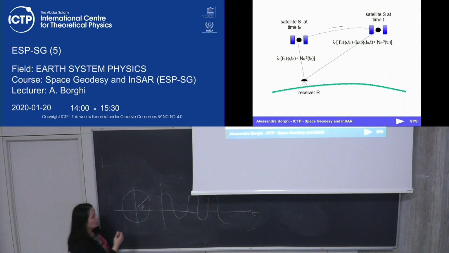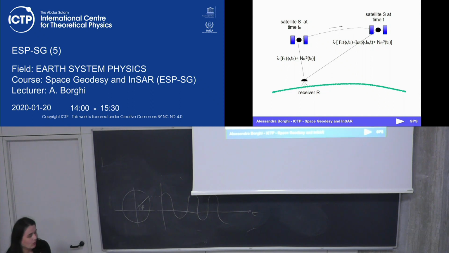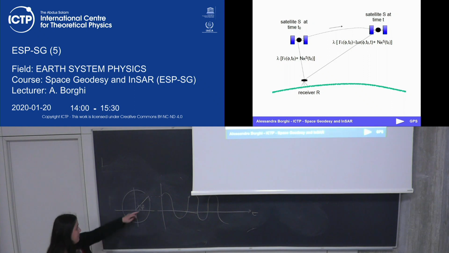So what we measure is a phase, an angle. And with the instrument, we can just measure a fractional phase. It means this part. If we go around the circle, we can measure just this one.